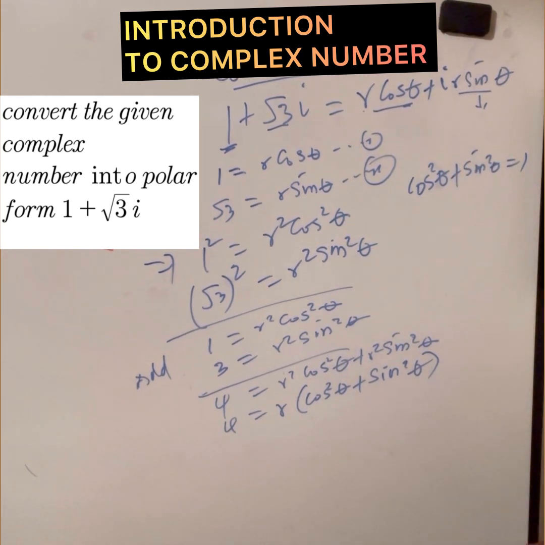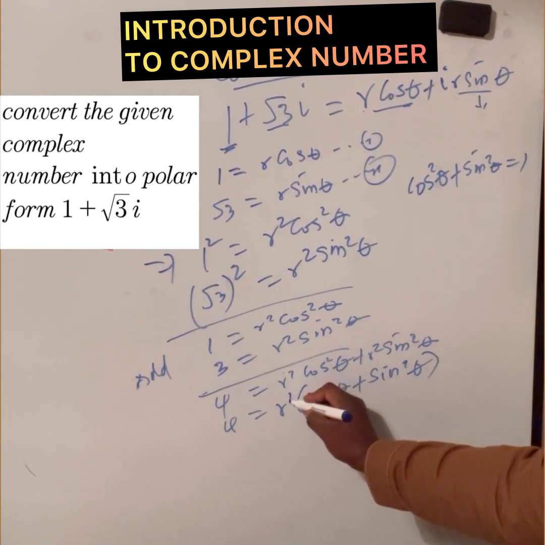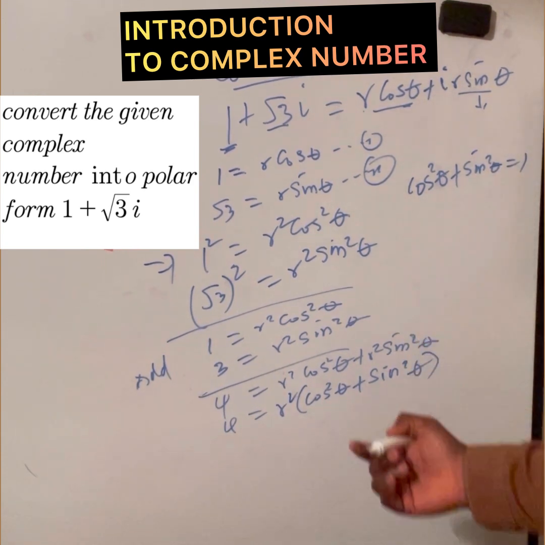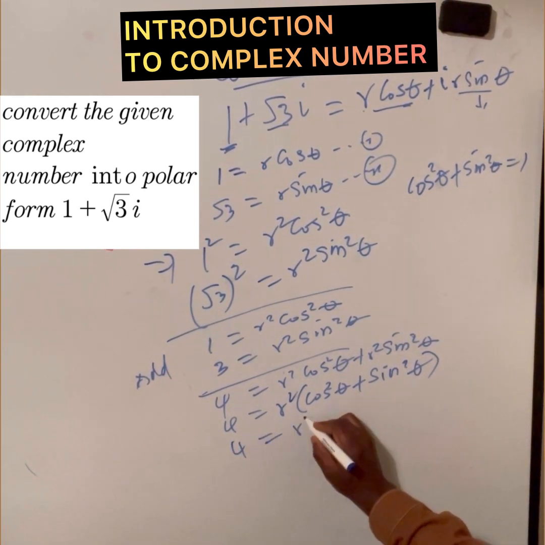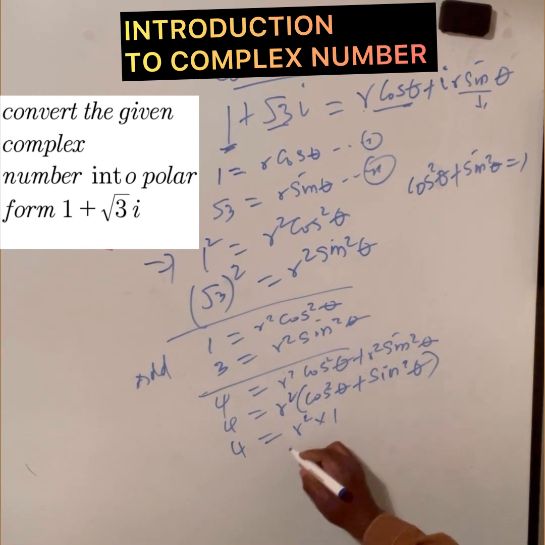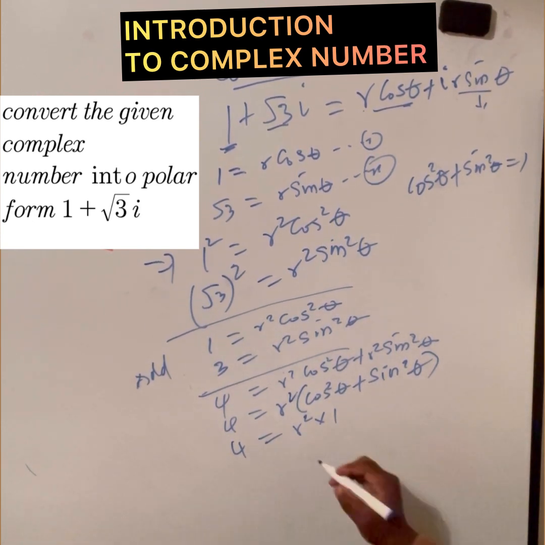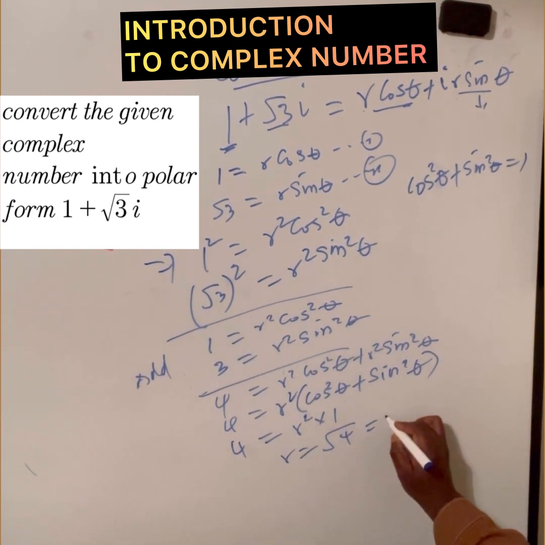It's a trigonometry law. So now I'm going to replace this with 1. Doing that, I'll have 4 is equal to r squared times 1, and r squared times 1 is r squared. So to get the value of r, I will obtain the square root of 4. That will give me 2.